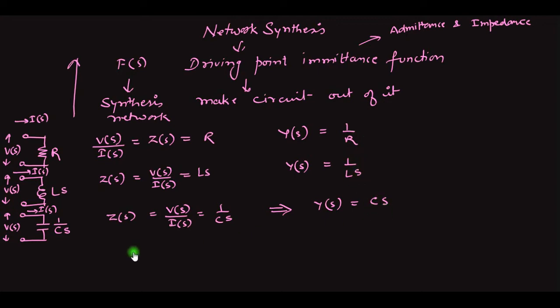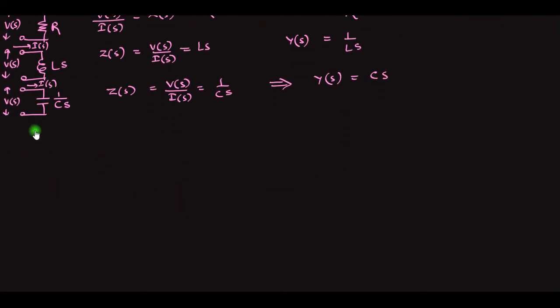Likewise, let us find the driving point impedance of an RL network, that is, when R and L are connected in series, and the applied voltage is Vs, causing a current of Is to flow into it. In the S domain, R is represented as R and L is represented as Ls.